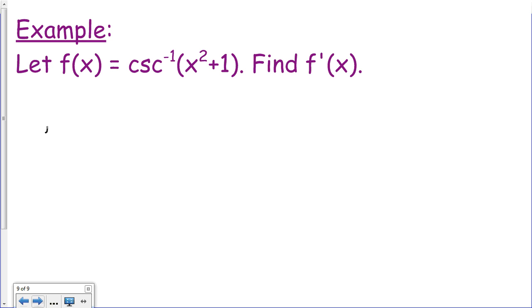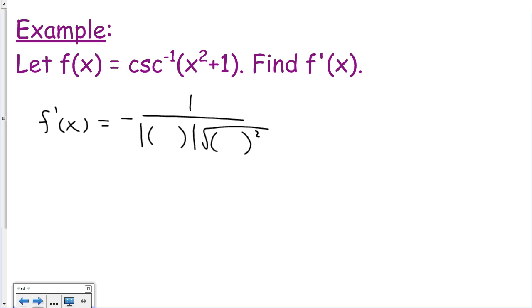Anyways, to find the derivative of this, we're going to follow chain rule here again. So derivative of cosecant inverse, all of our cofunction inverses are negative. Actually, all of our cofunctions, whether they're inverse functions or not, the derivatives are negative. So it's going to be a negative 1 divided by the absolute value of something, times the square root of something squared minus 1.